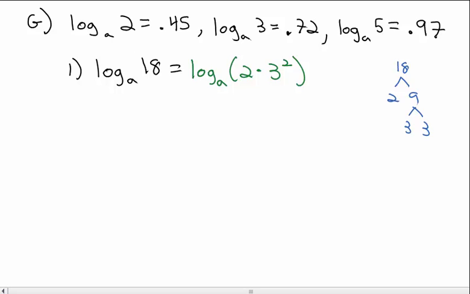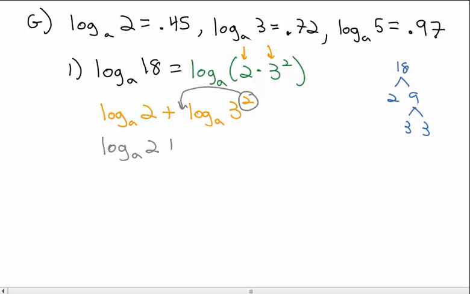So let's take this multiplication problem and let's expand it. Let's write a log for each individual factor. We can do a log base a of 2 plus the log base a of 3 squared. In fact, we would continue simplifying by grabbing that squared and moving it out front.